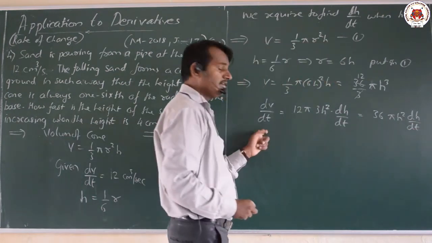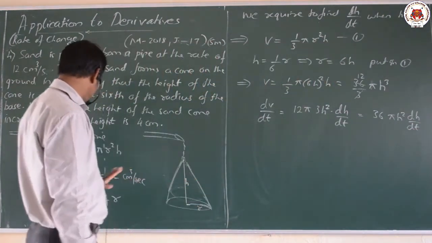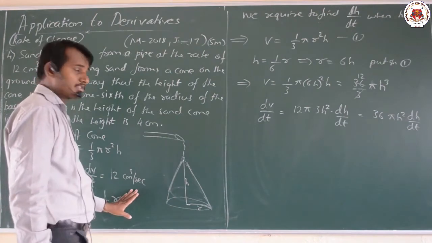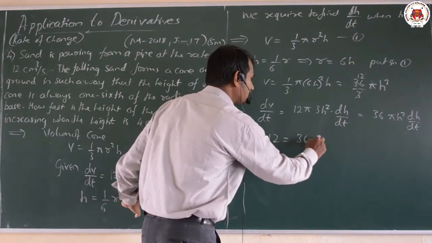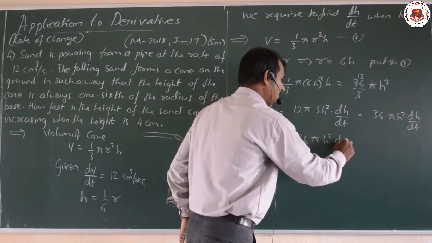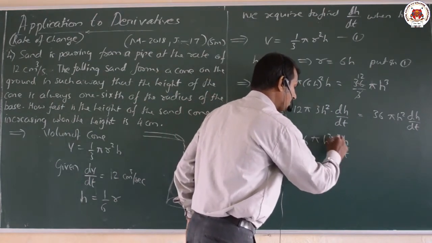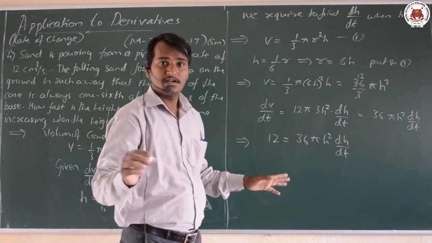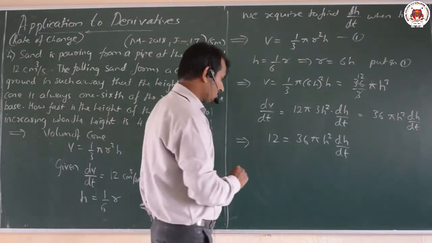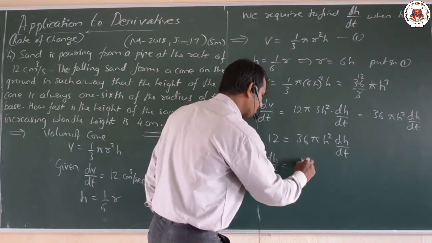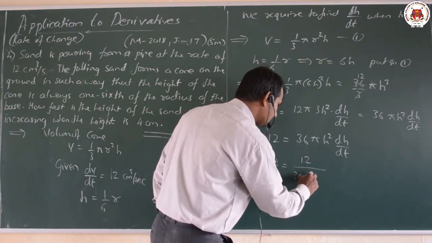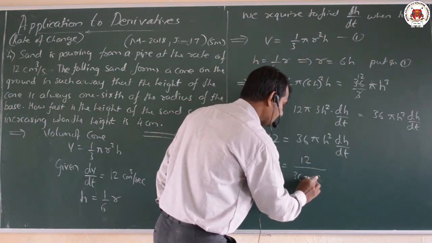But the dV by dt value given is 12 centimeter cube per second. That implies 12 is equal to 36 pi h square dh by dt. The problem is very simple and we are about to end it. That implies dh by dt is equal to 12 divided by 36 pi h square.